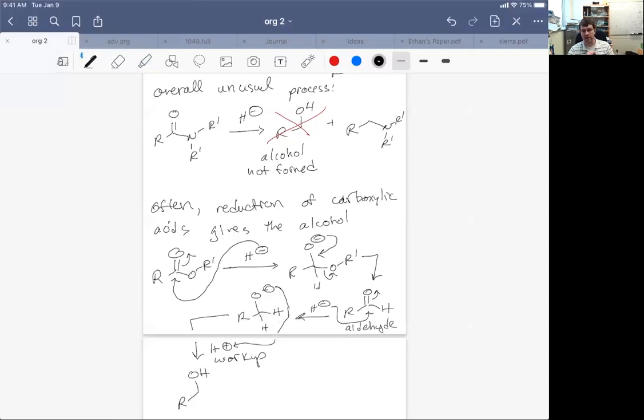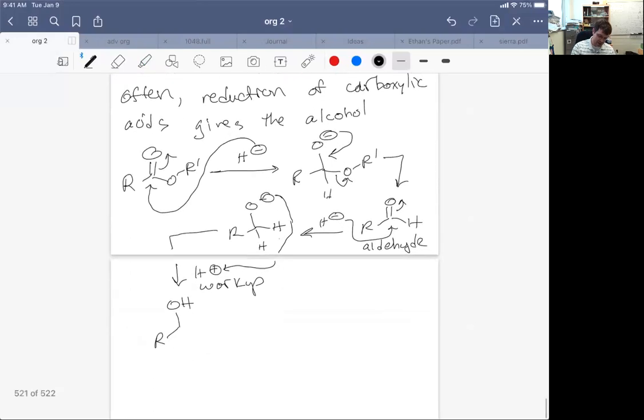These would all be fine leaving groups and better than a nitrogen atom, giving rise to the alcohol product. And so that's why the reduction of an amide is much more distinct than the reduction of a carboxylic acid derivative. Okay, the other reactions, I'll just mention this once.